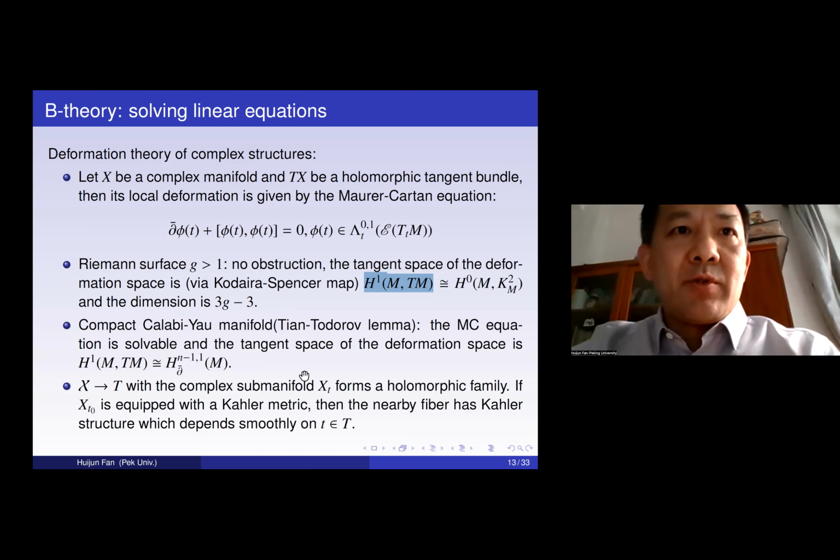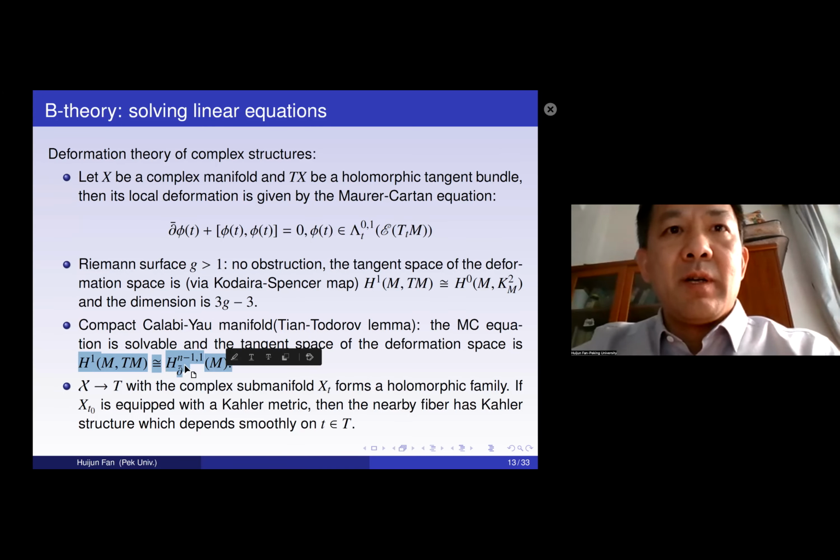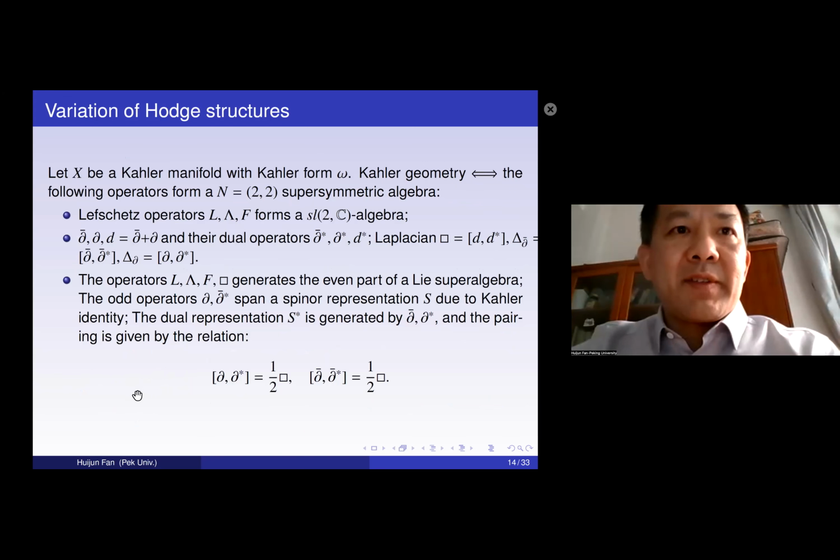The Kuranishi-Maurer-Cartan equation is solvable, and the tangent space of the deformation space is given by this sheaf cohomology, and this is just the topological cohomology with this degree, and then near one complex manifold.